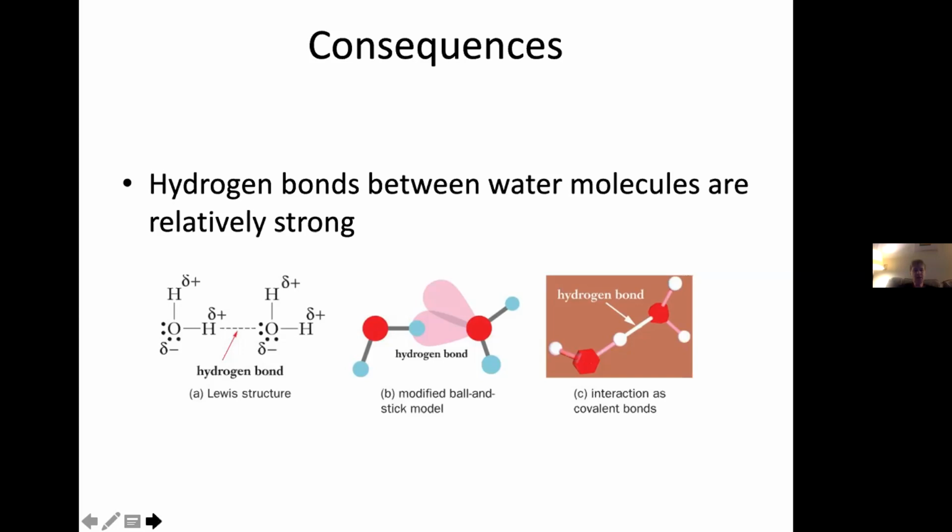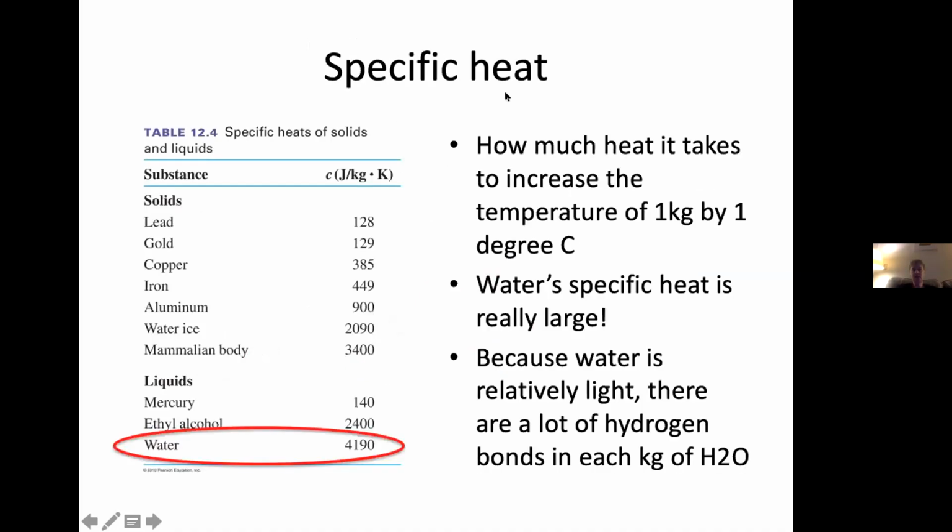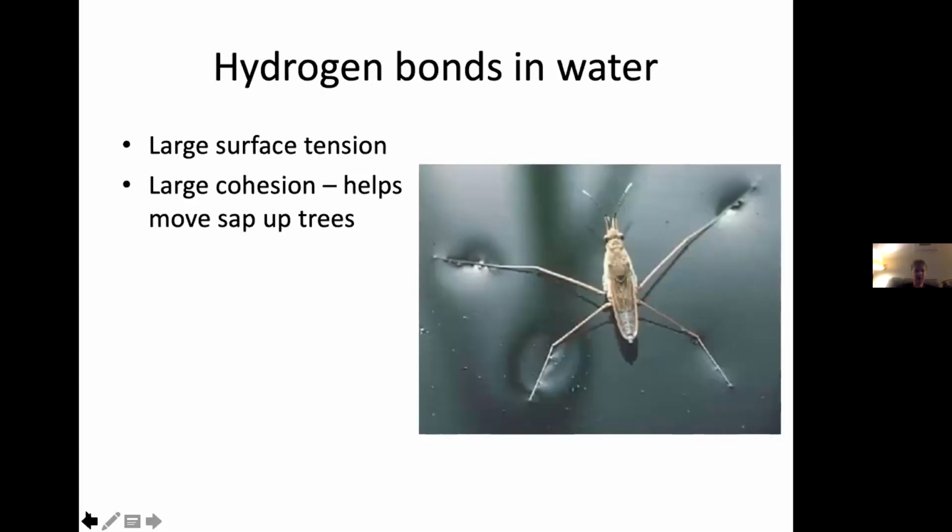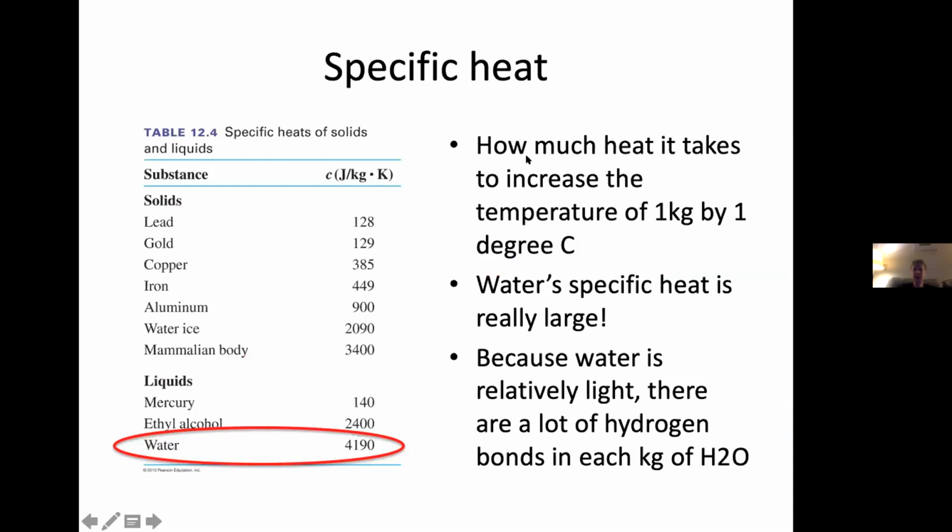So one of the implications of this is the specific heat. We haven't done this in a while, but the specific heat tells us how much energy or how much heat it takes to increase the temperature of 1 kilogram of some stuff 1 degree C. And if you look at these numbers here, you can see water has the largest out of all of these substances given.